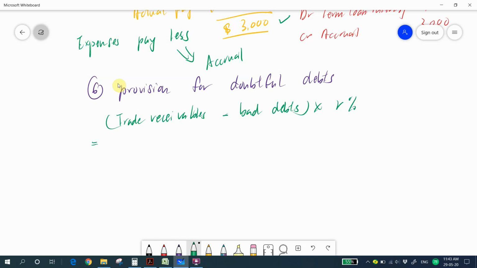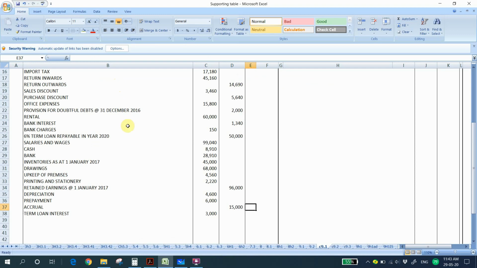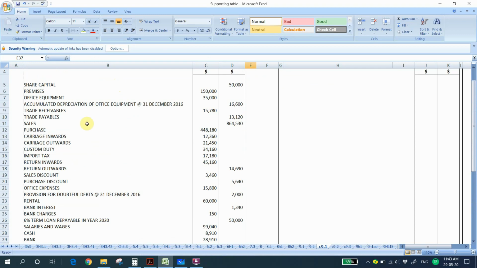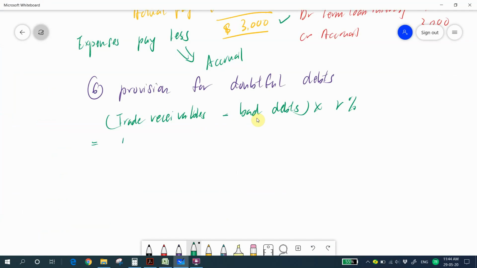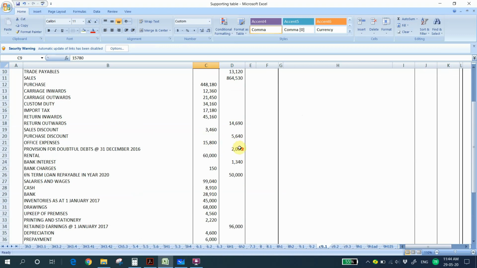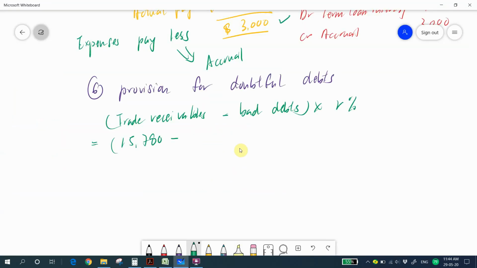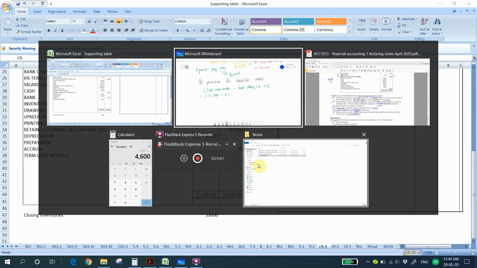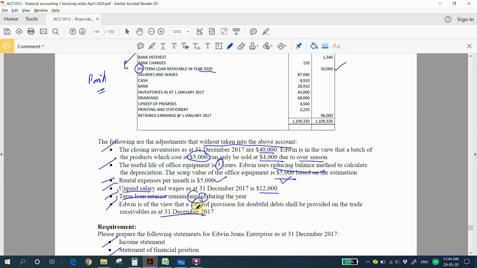Let's look at our trade receivables. Our trade receivable is 15,780. And do we have any bad debts? No, we do not have any bad debts. So we minus 0. And the rate for provision for doubtful debts is 10%.